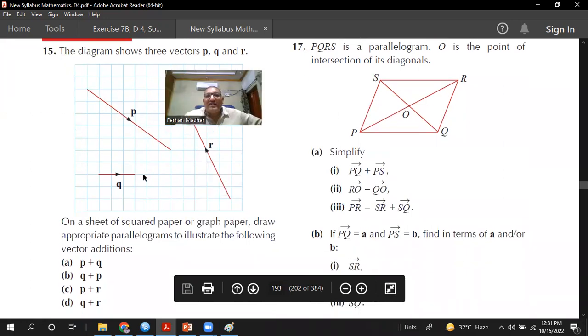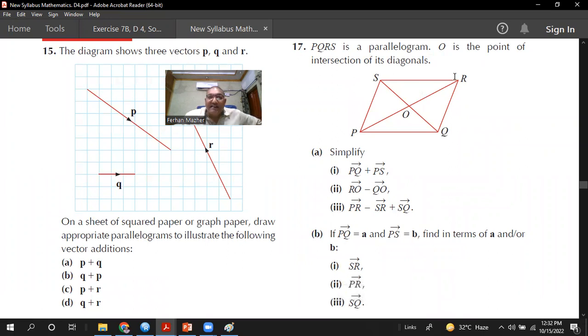So the next question coming up on your screen is question number 17. He says PQRS is a parallelogram. O is the point of intersection of its diagonals. Okay, so it's a parallelogram, which means PS and QR are the same. PQ and SR are exactly the same. Okay, so PQ plus PS.